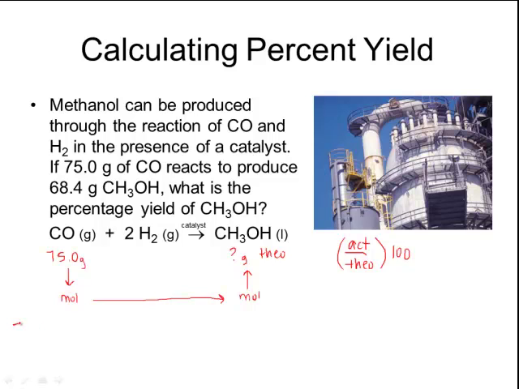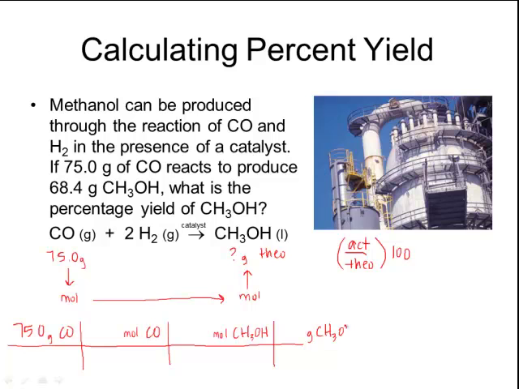So I'll begin by writing 75 grams of carbon monoxide, convert that to moles of carbon monoxide, convert that to moles of methanol, and then finally grams of methanol. On the bottom, I'll have grams of carbon monoxide so that cancels out, moles of carbon monoxide, and then moles of methanol.